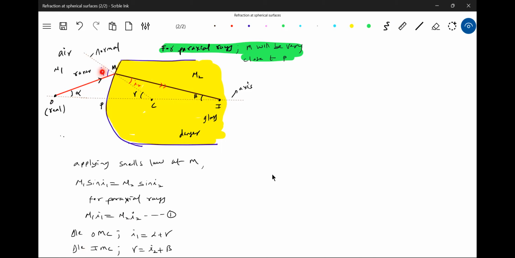This I1 is the exterior angle, alpha and gamma are the interior angles. So I can write I1 equals alpha plus gamma. Gamma equals I2 plus beta. So let's substitute these things. This is equation 2, equation 1. So put I1 equal to alpha plus gamma.